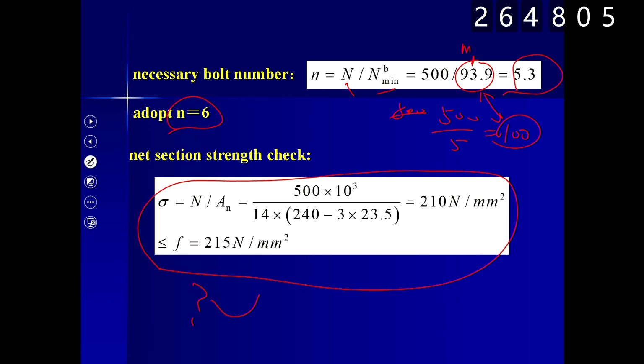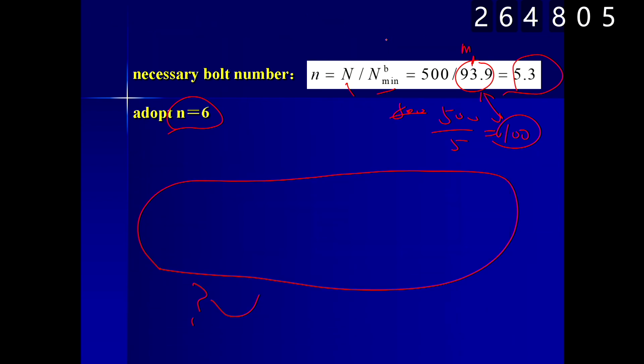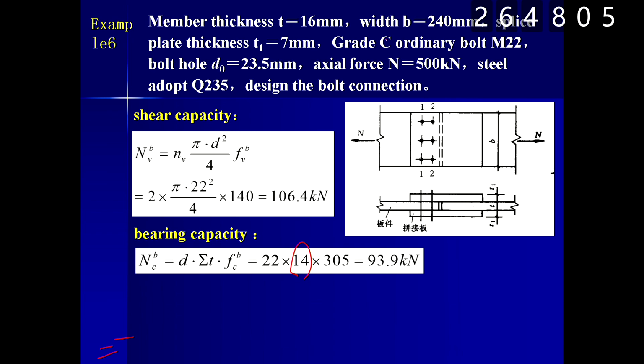This is the plate. Do you know? The plate. Makes sense.